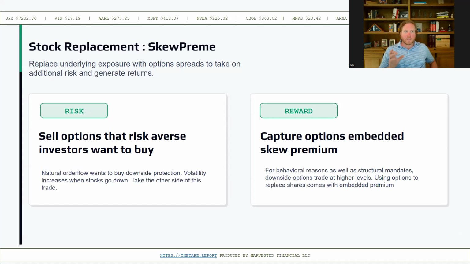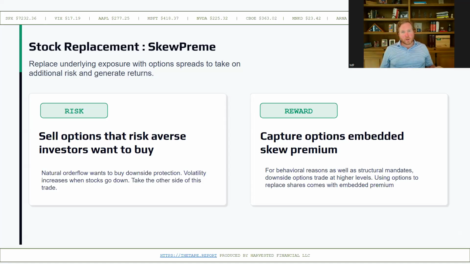So with the stock replacement here, by using options to replace some of that stock, we are capturing a little bit of that skew premium that's embedded, getting not only the delta exposure, so not only the directional exposure that the option structure gives us, but we're also benefiting from the skew curve and the fact that put options are priced higher than call options in implied volatility terms.